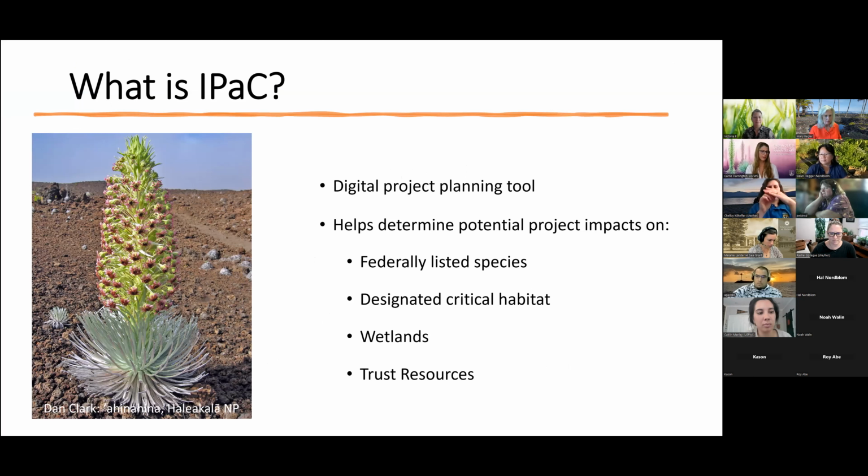So what is IPAC? IPAC was created to streamline the environmental review process. If you are planning a project, one of the first things you'll want to do is to obtain an official species list in IPAC.